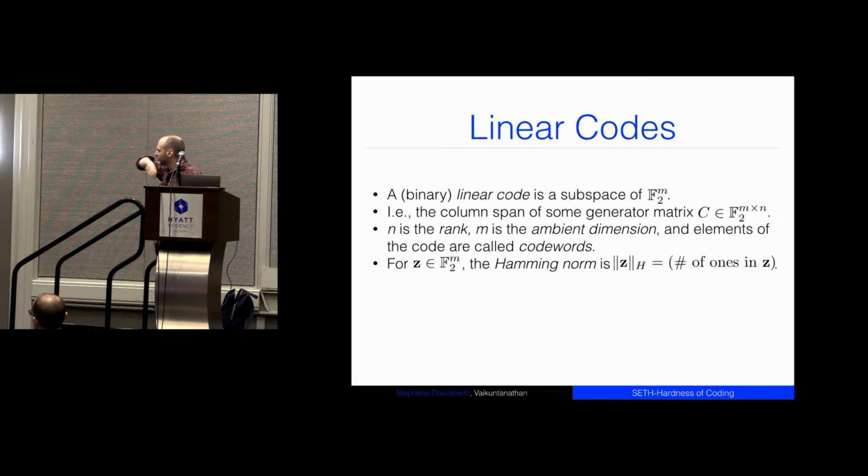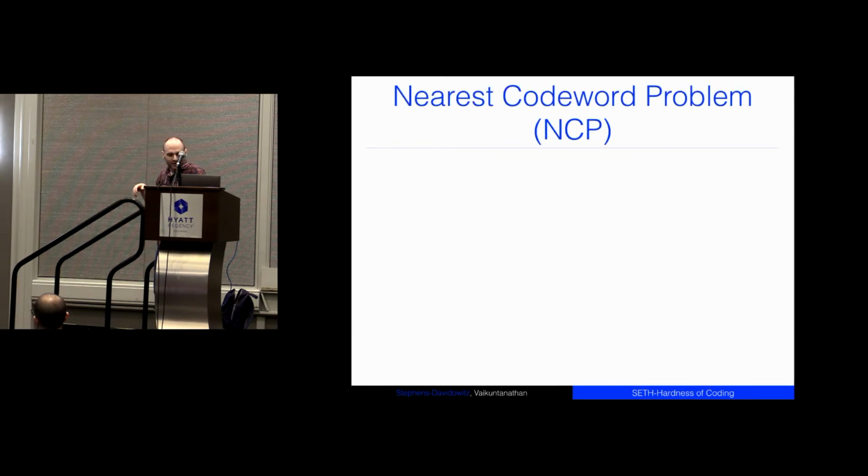And then when things get really fun is when we add this Hamming norm to our space. So now we add geometry to it. We count the number of ones in this string. We call it the Hamming norm, and suddenly things get quite interesting. In particular, we can ask fun computational questions about these objects.